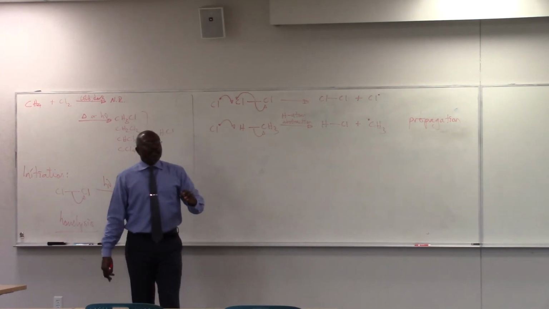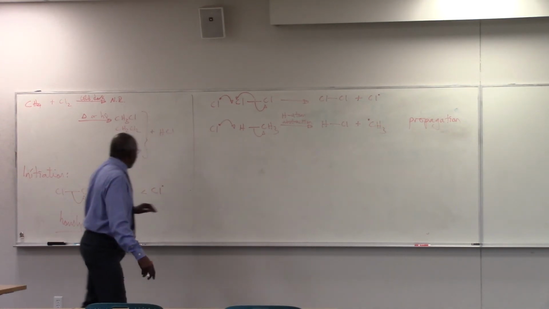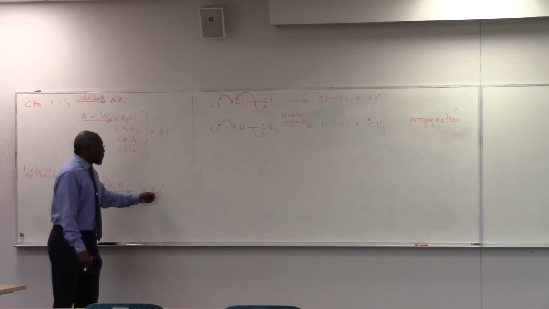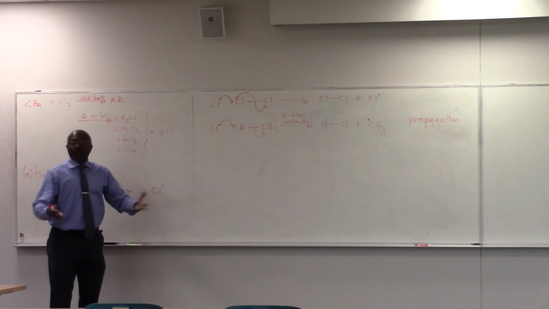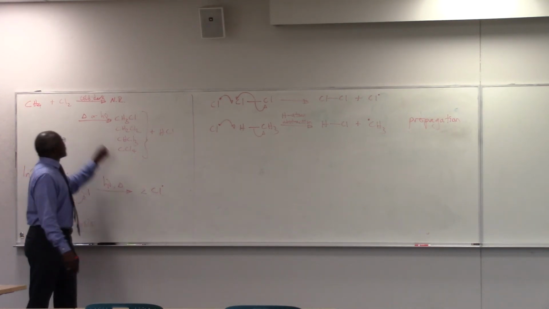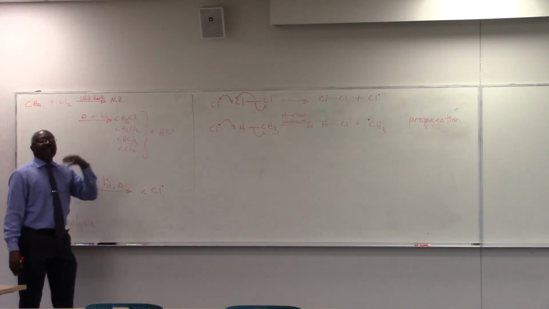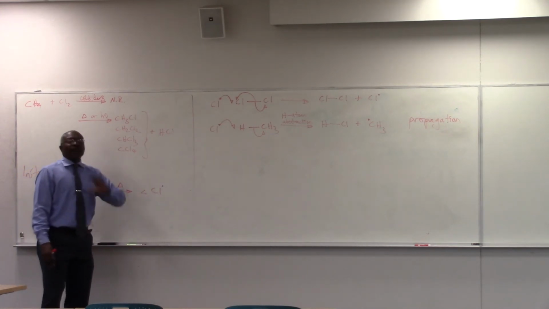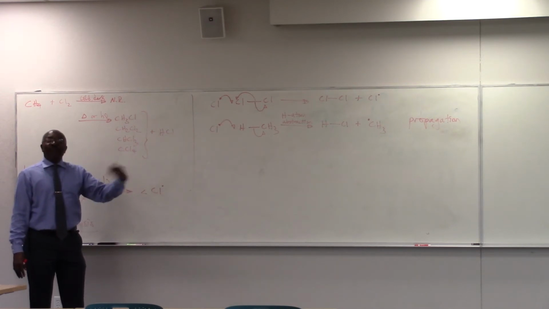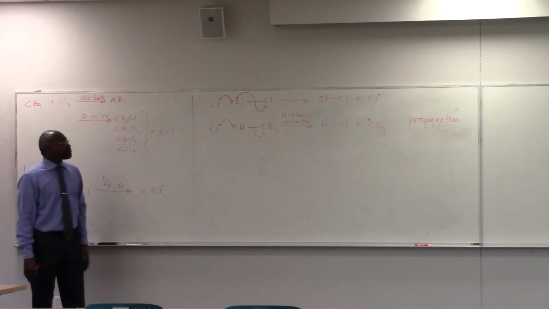Now, the likelihood of them finding another Cl dot is remote. I've only got a couple of hundred of these, because not all the chlorines are breaking up, but billions of those. The likelihood of one of these running into another is vanishingly small. So I'm going to ignore that one for now.